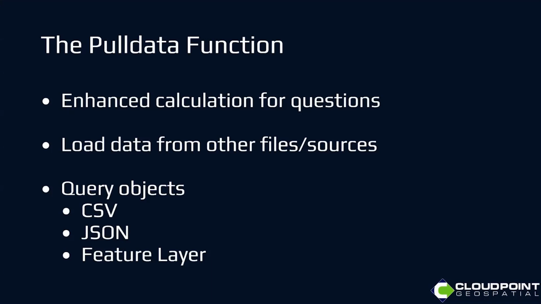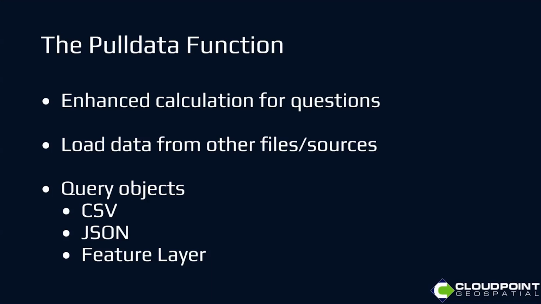But when we left off at the end of part one, I showed a Pulldata function using a CSV file that was embedded and published as part of your survey, where you can go in and put in a tree common name, and it would return the genus and species, querying that table to find related data and bring it back into the survey without the user really doing anything other than putting in the piece you're using to query the data.